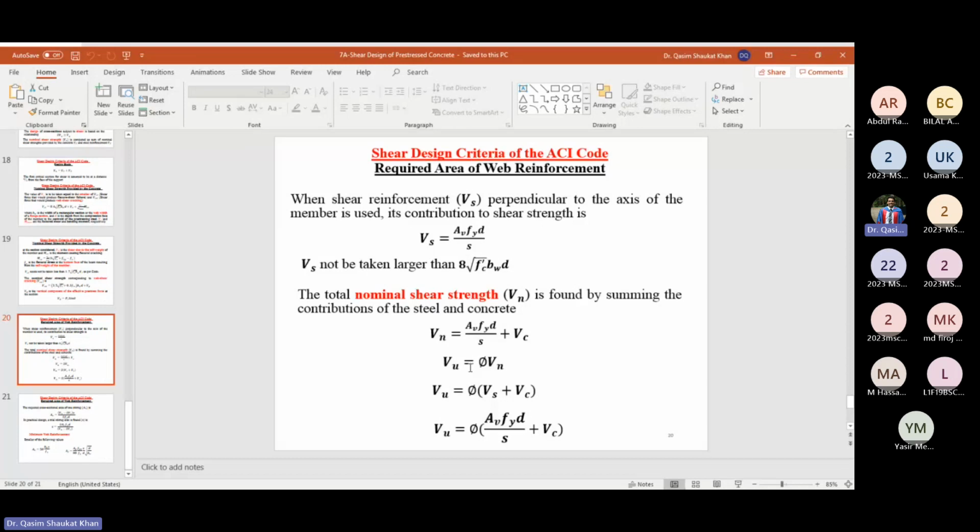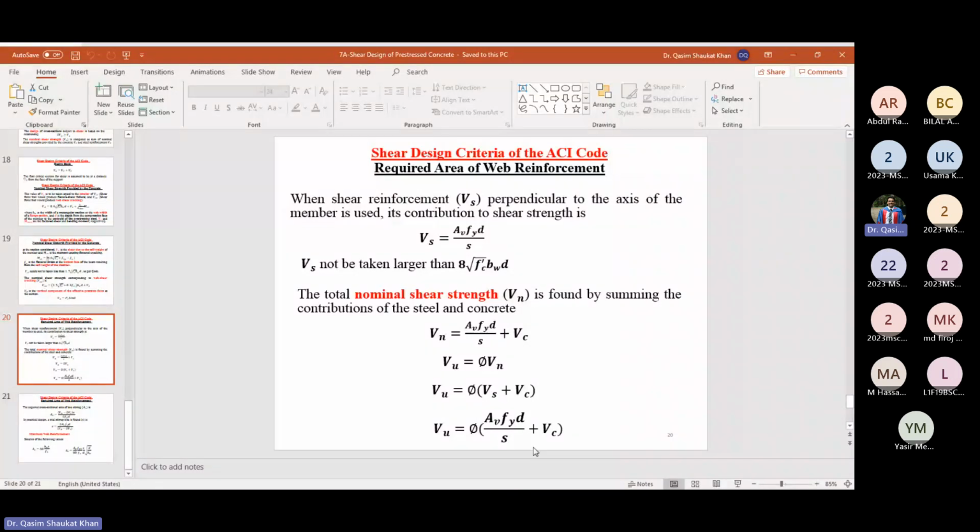So the applied shear is equal to phi, that is the strength reduction factor, into the contribution of the steel plus the contribution of the concrete, and this should be equal to phi times the area of the used stirrup into the yield stress into d over s plus Vc.